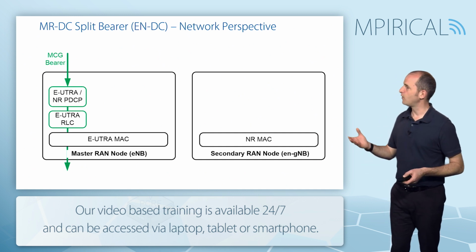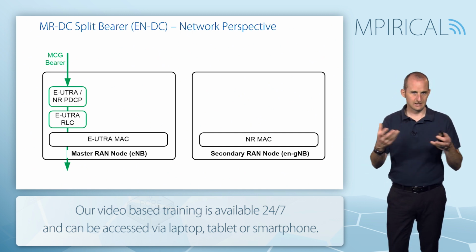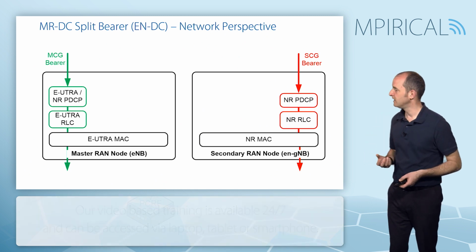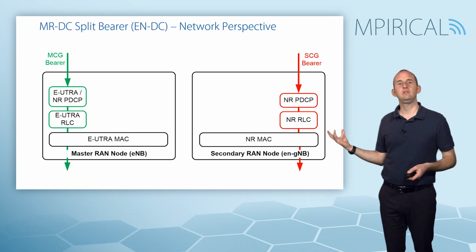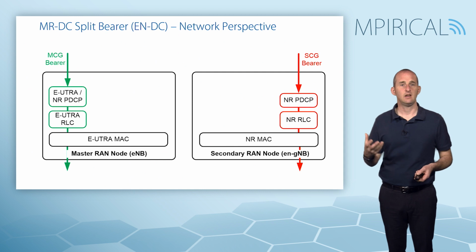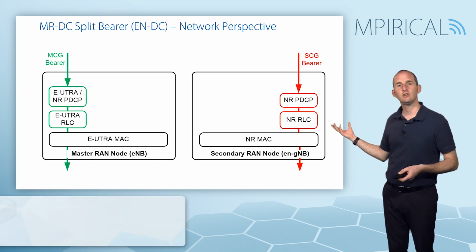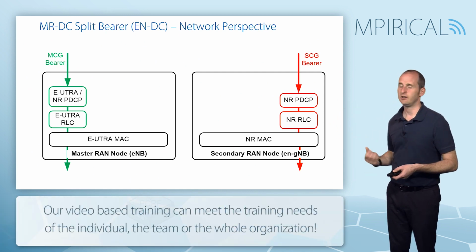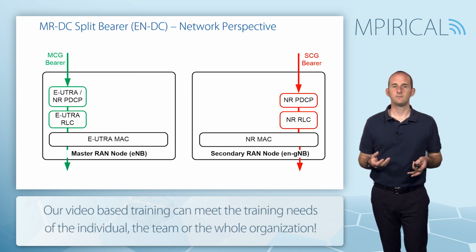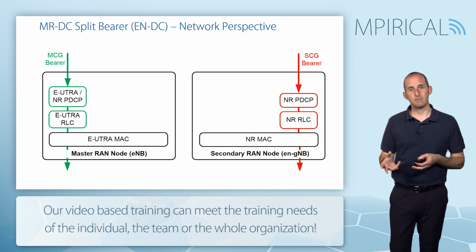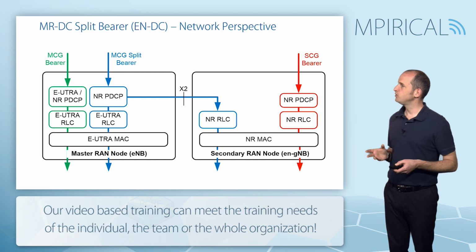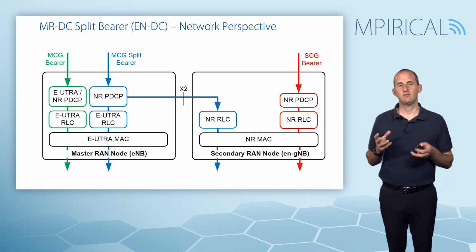It's a similar story for the secondary RAN node, which in this case is our ENGNB, but of course we're only using new radio PDCP in this case, and obviously new radio RLC and our new radio medium access control. Now in terms of our split bearers, we are only using new radio PDCP for this.